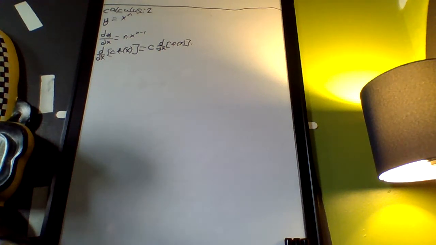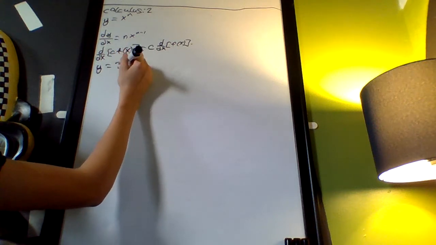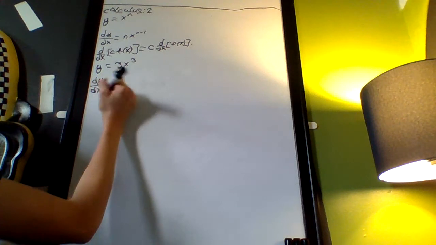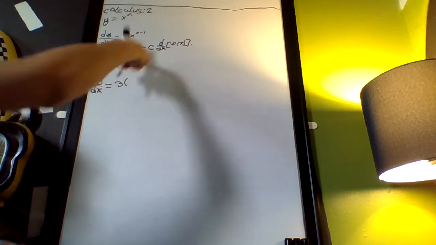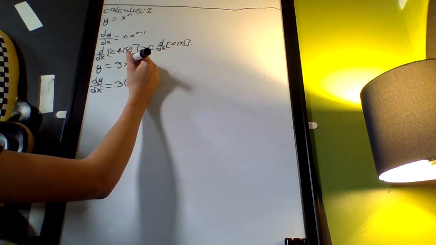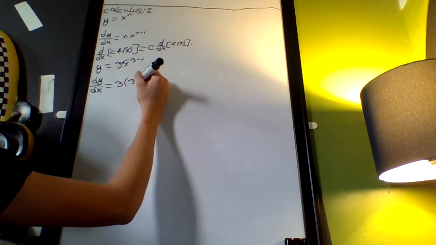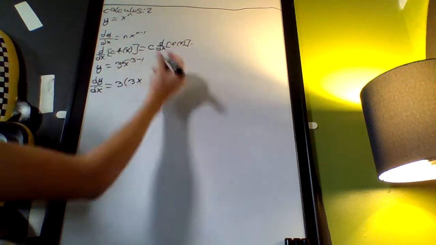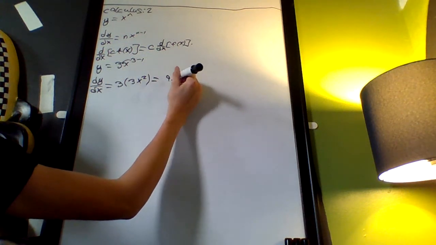So basically meaning if I'm doing y equals 3x cubed, I can find out what dy dx is. It's going to be 3 times the derivative of x cubed, which is going to be, well, you can imagine the 3 hopping down in front of the x and then subtracting 1 off of it. 3x to the 3 minus 1 is 2, and you get 9x squared.